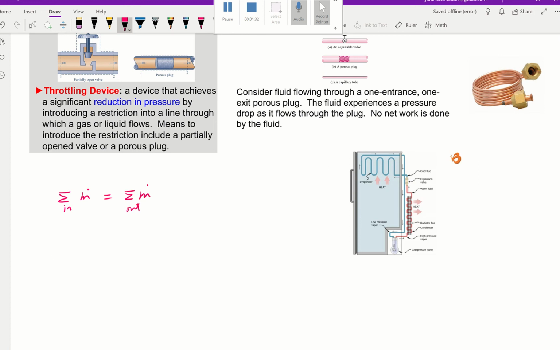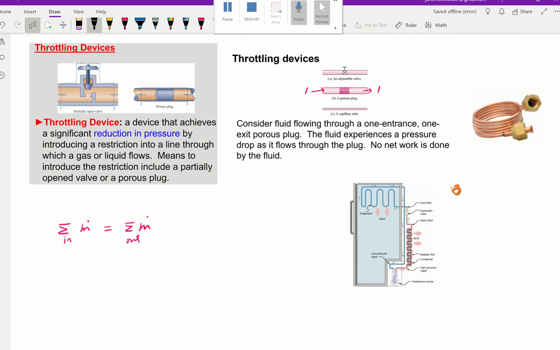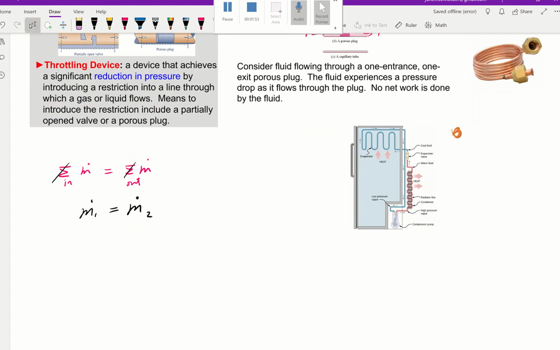Since this is just one inlet and one outlet, we can get rid of our summation. That means the mass flow rate coming in is equal to the mass flow rate coming out. It's a constant. So that's our mass conservation equation.